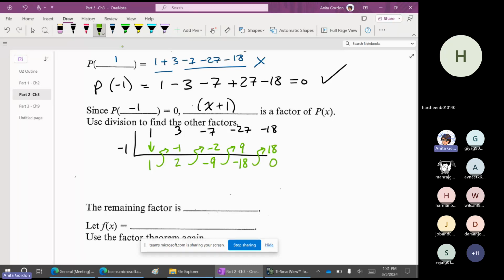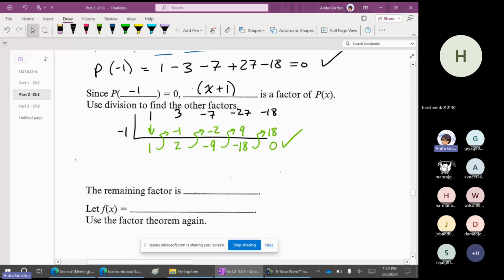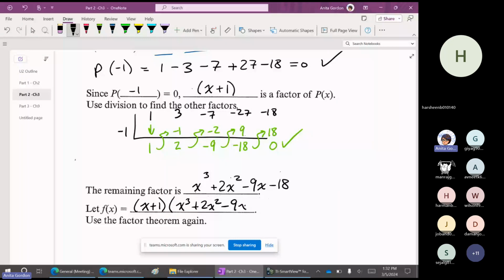Multiply by the root, and I get down to 0. So now my quotient is x cubed plus 2x squared minus 9x minus 18. So this is what my function looks like: x plus 1 times x cubed plus 2x squared minus 9x minus 18.